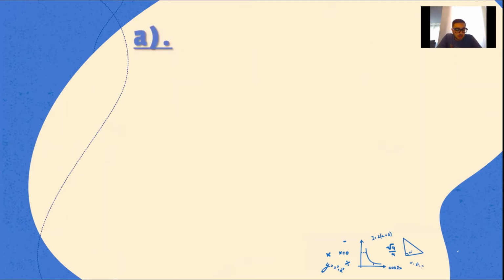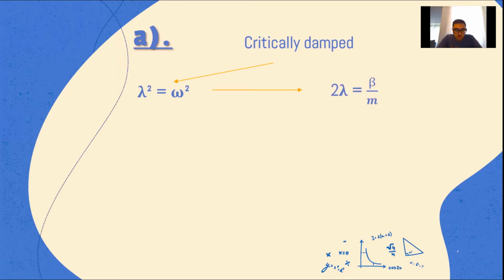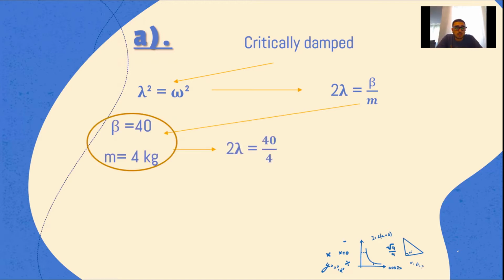So for A, if it's critically damped, we're assuming that lambda squared equals omega squared per the equation, and it's also better known as 2 lambda equals beta over m. Given the parameters of beta 40 and mass at 4 kilograms, 2 lambda is equal to 10.